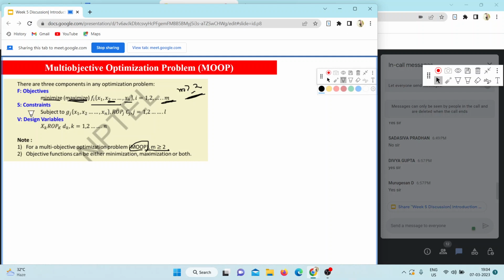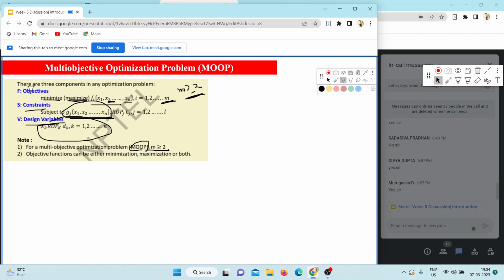In any optimization problem, apart from the objective function, there are two other things: constraints and design variables. Constraints take care of other equations related to the objective function, and design variables take care of the x1, x2, x3 values in the optimization problem.